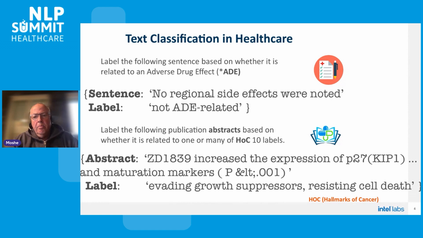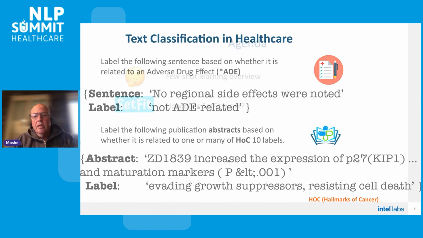The second example is a more challenging task: you need to label the following publication abstract based on whether it is related to one or many of the HOC 10 cancer types. HOC, the Hallmarks of Cancer corpus benchmark, consists of more than 1,500 PubMed abstracts, manually annotated at sentence level by experts with the 10 currently known hallmarks of cancer.